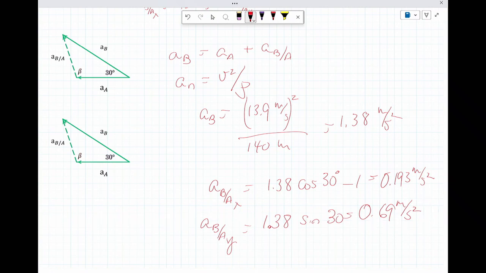So you can calculate the acceleration of B with respect to A in both component directions using the relation at the top. Acceleration of B with respect to A is AB minus AA.